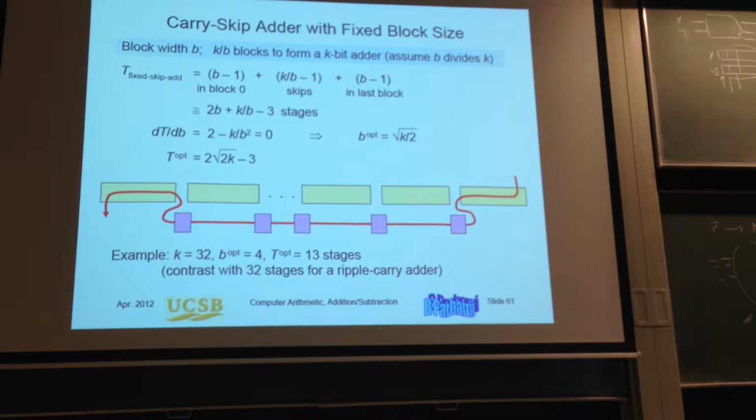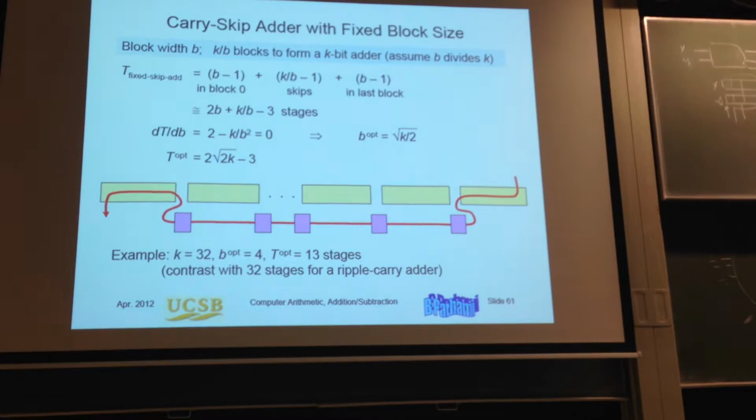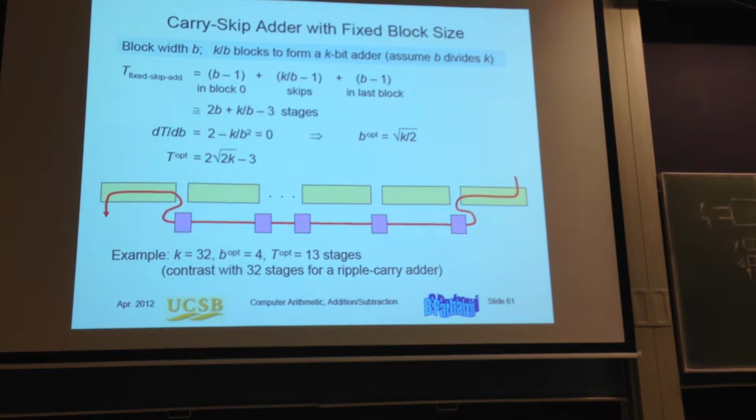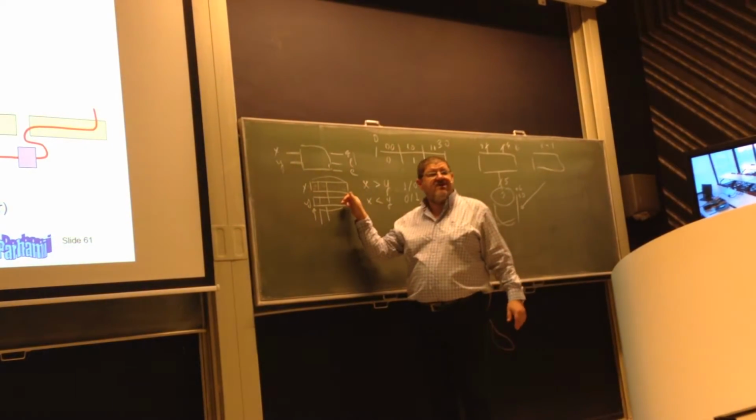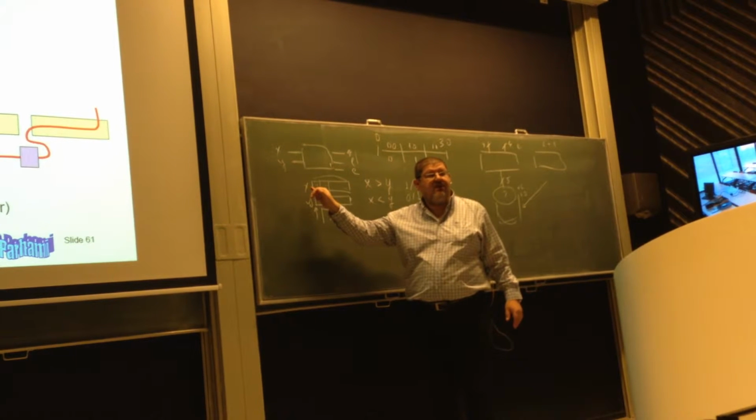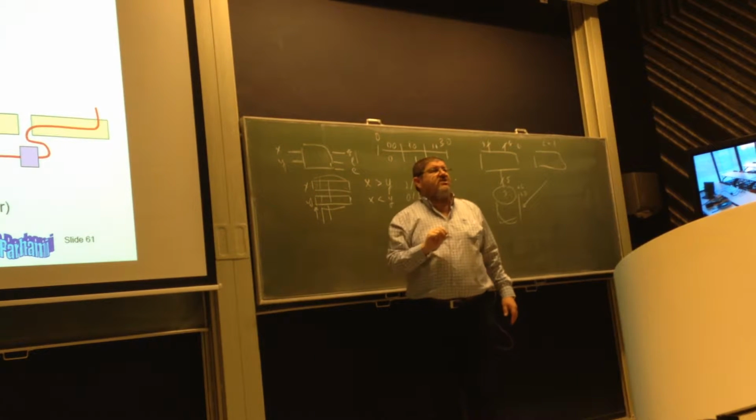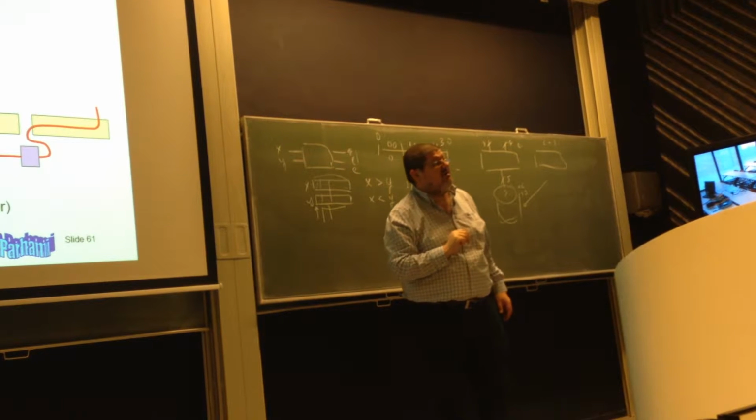Now, let us try to see what is the worst case for such a construction. When I deal with a ripple carry adder, the worst case is when I have a carry starting from here and traveling until the end. Now, this is no longer the worst case.